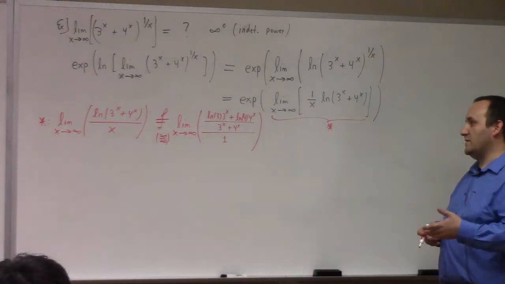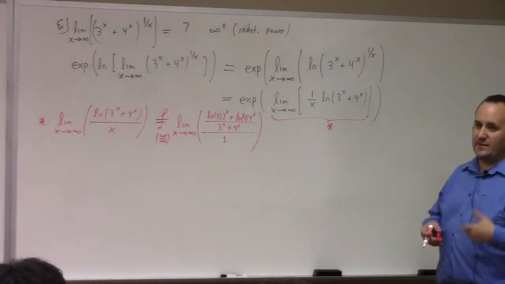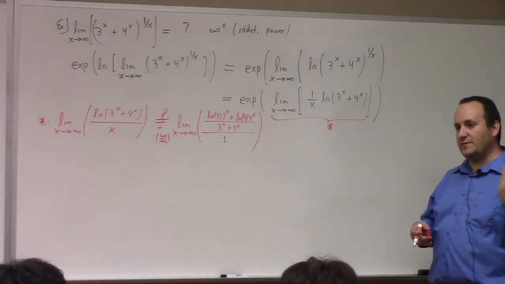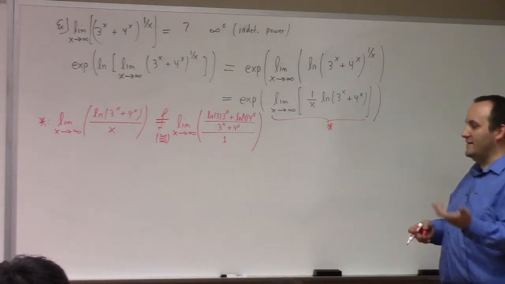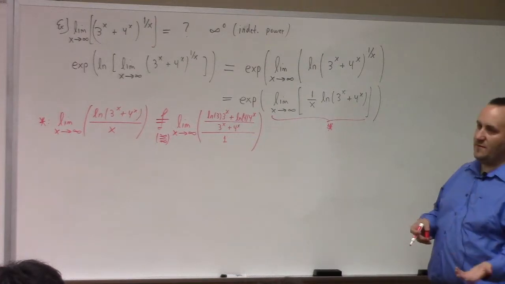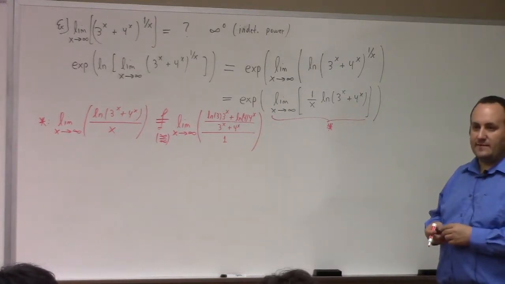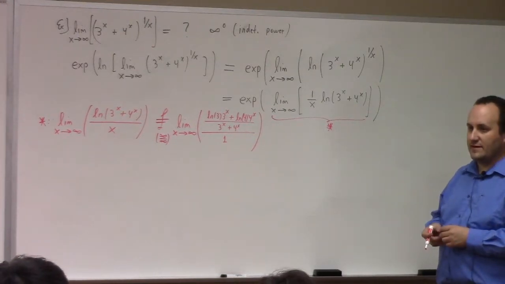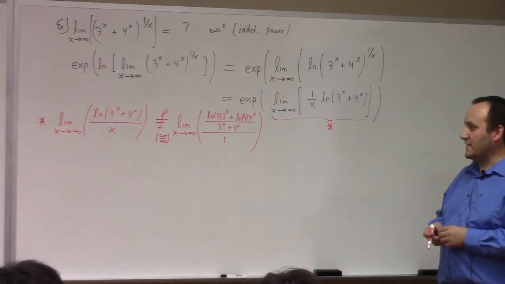So it's 1 over 3 to the x plus 4 to the x times the derivative of 3 to the x plus 4 to the x. The derivative of 3 to the x plus 4 to the x is log 3 times 3 to the x plus log 4 times 4 to the x. Derivative of x, on the other hand, is 1.